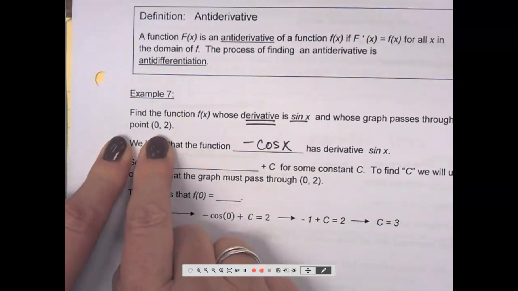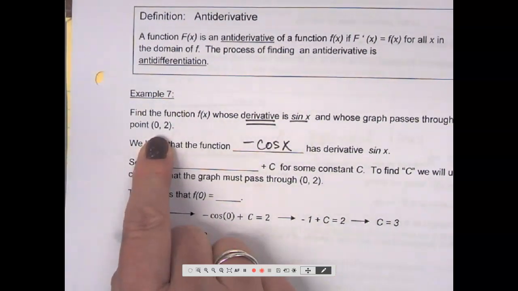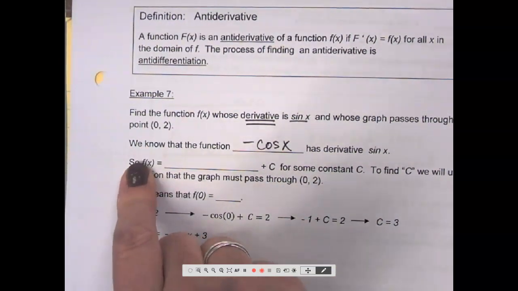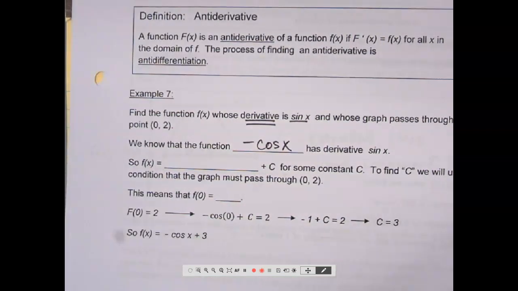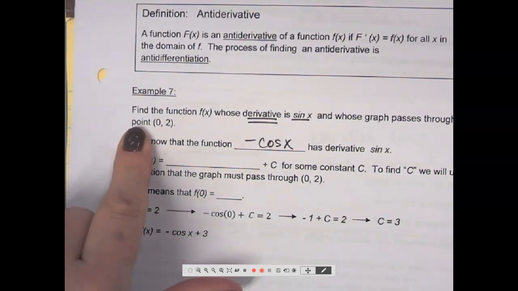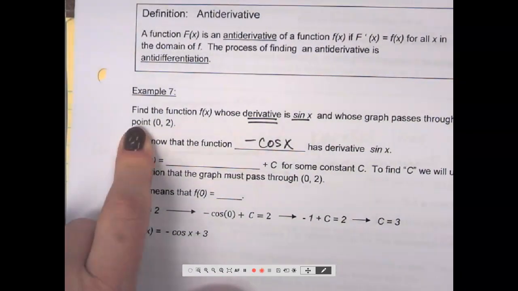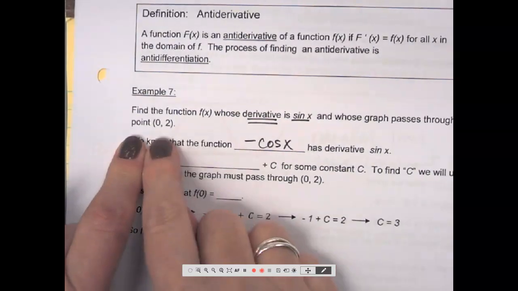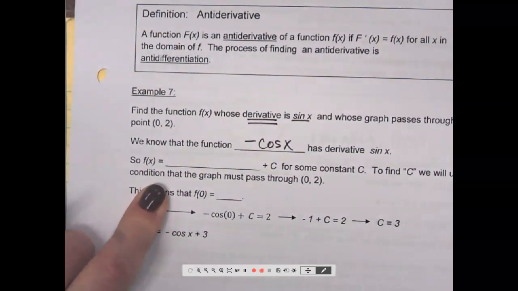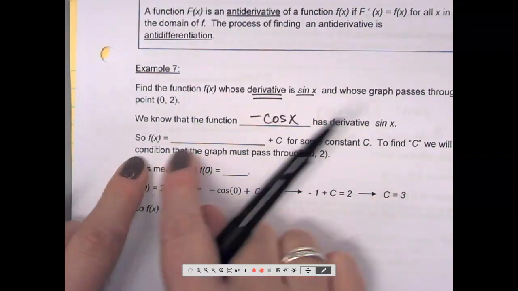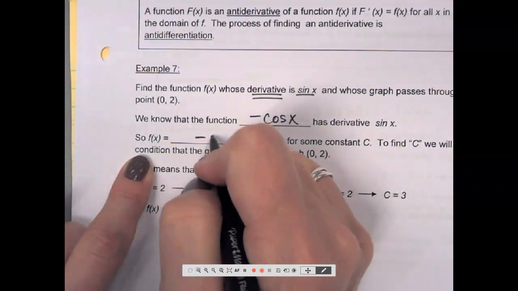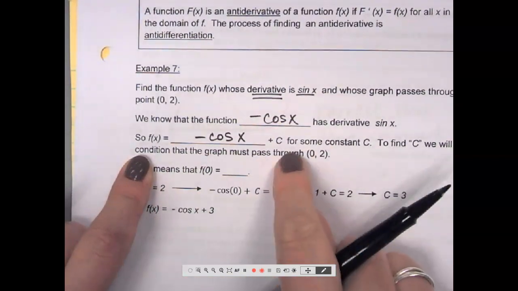Well, if we're given one point on the graph, it pinpoints the exact graph, and we can figure out what c is. So it's not like some generic cosine graph. We're actually going to figure out which one, including the constant, that we're dealing with here. Okay, so I would say that if this was the derivative, my original function was negative cosine x plus some number.